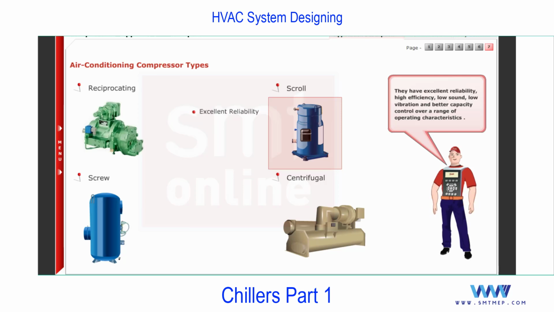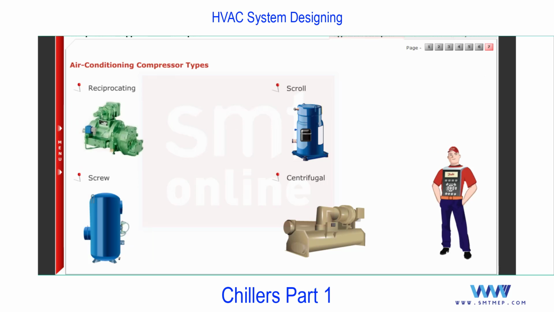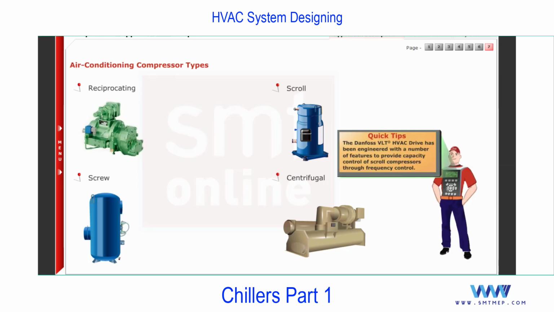They have excellent reliability, high efficiency, low sound, low vibration, and better capacity control over a range of operating characteristics when compared to reciprocating and screw compressors of similar size. The Danfoss VLT HVAC drive has been engineered with a number of features to provide capacity control of scroll compressors through frequency control.